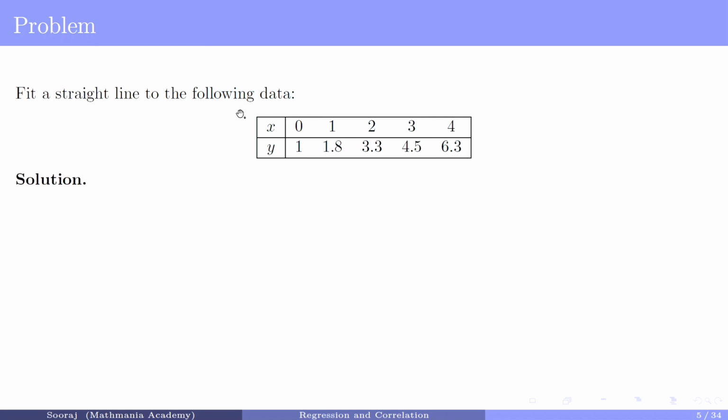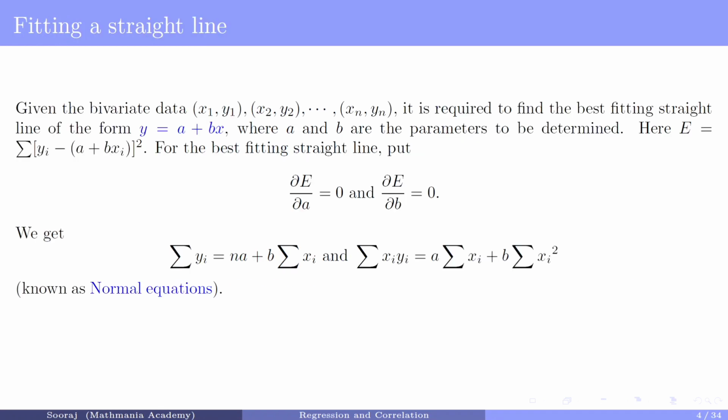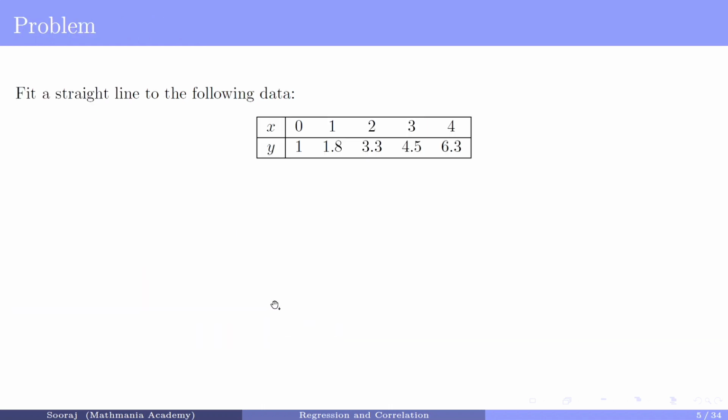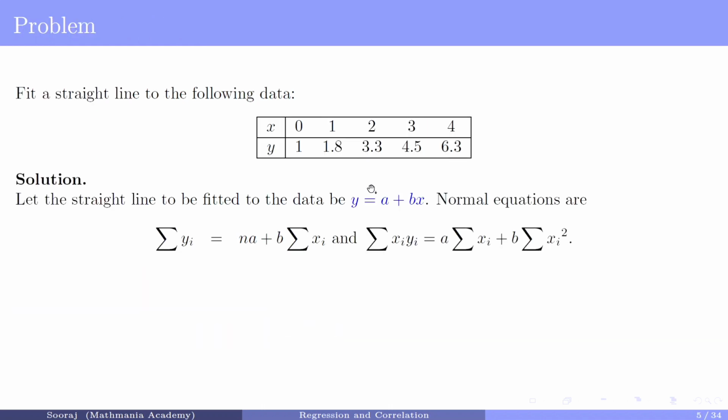When it is a straight line, we wish to fit it in this form, y equals a plus bx, for which we have this normal equation. So this is the straight line that we are expecting, and the normal equation is this. When you sum the entries in the first row, you will get summation xi, and when you sum the second row, you will have summation yi.